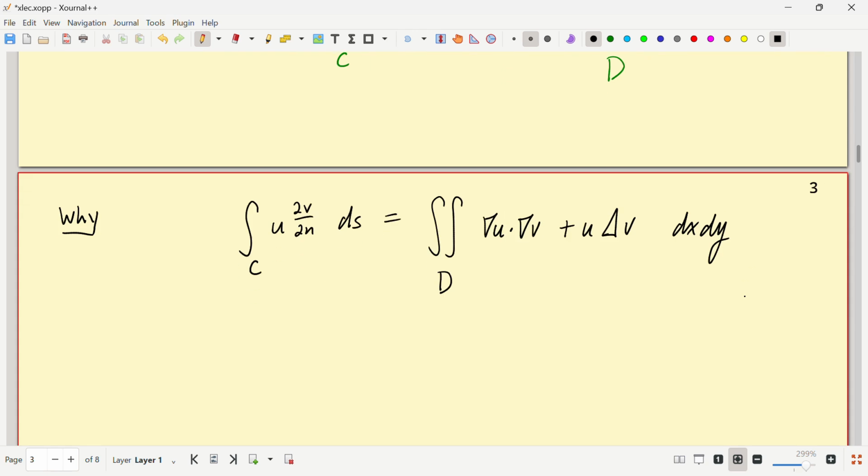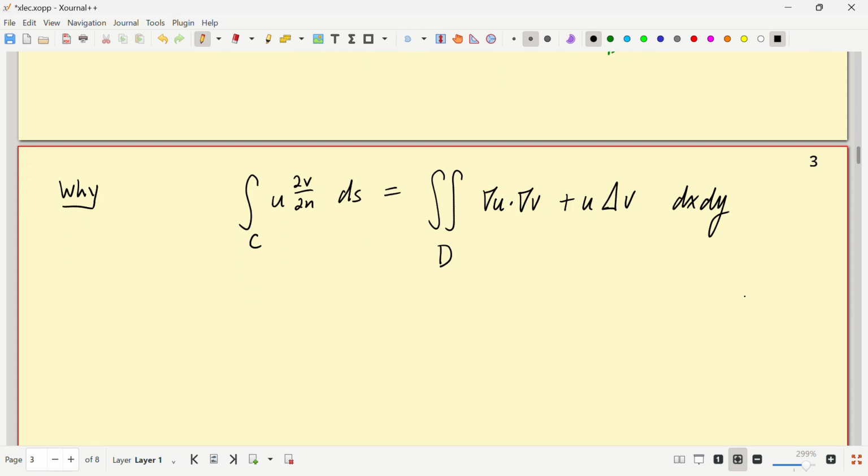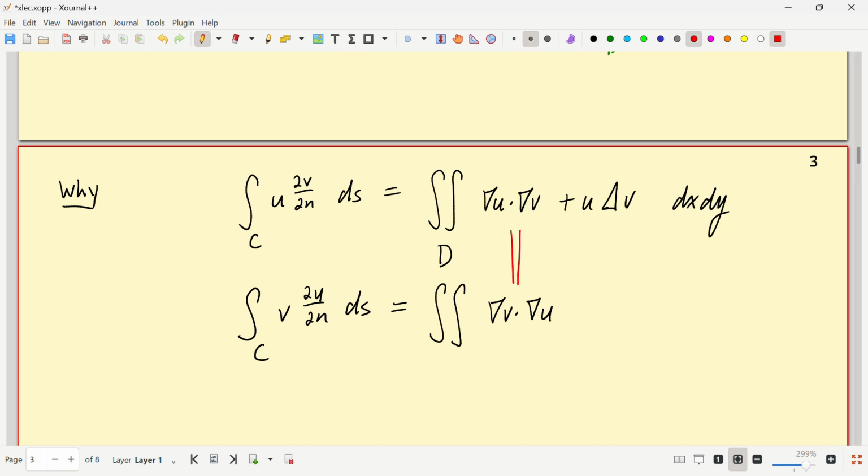Stare at that for a minute and realize I can switch the u with the v. When I do that, I get v du/dn here. The grad u dot grad v is the same thing as grad v dot grad u, because that commutes.